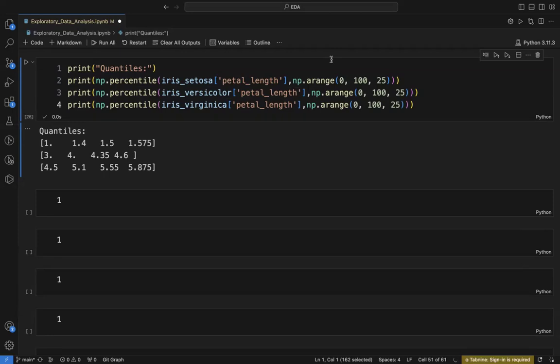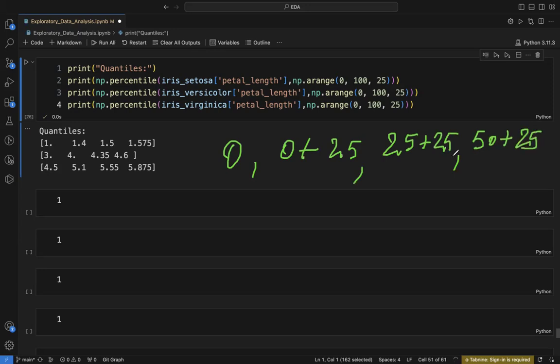So get me the percentile values from 0 to 100 with a gap of 25. Of course, 0 will be there. You can also understand it like this: 0, then 0 plus 25, then 25 plus 25, then 50 plus 25, which is 0, 25, 50, and 75.